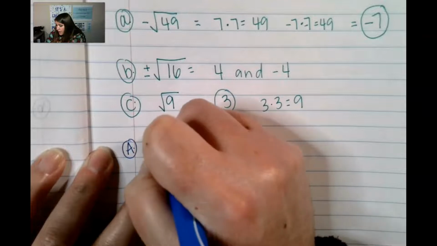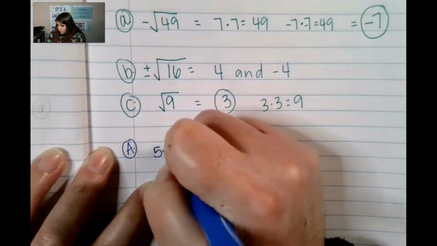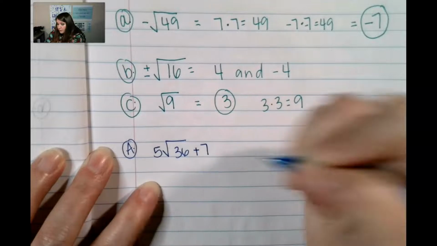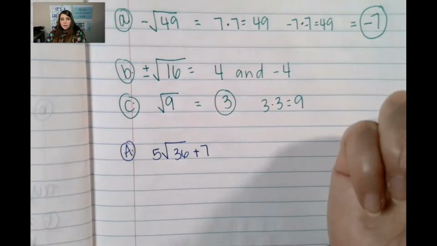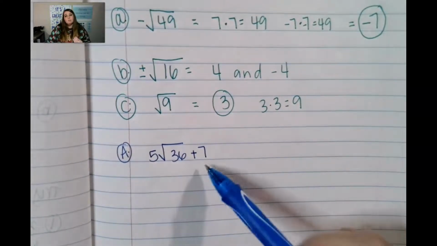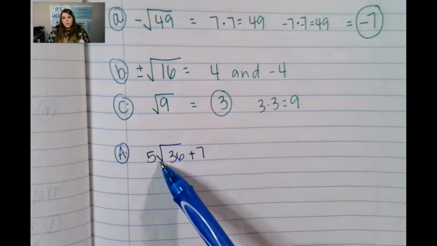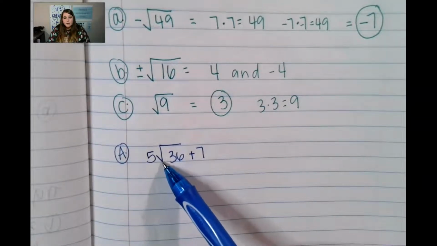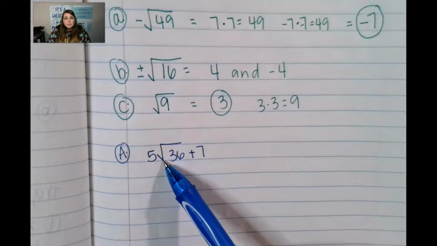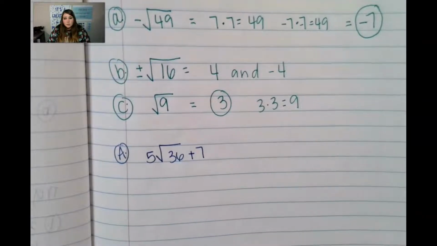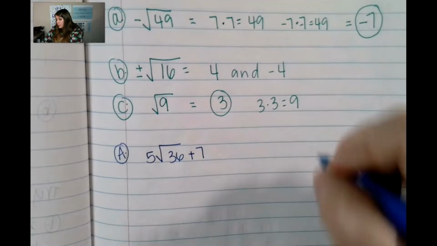I want 5 square root of 36 plus 7. Okay, so when I look at this problem, I think, okay, I've got a square root sign. And it works just like the order of operations. So think order of operations.